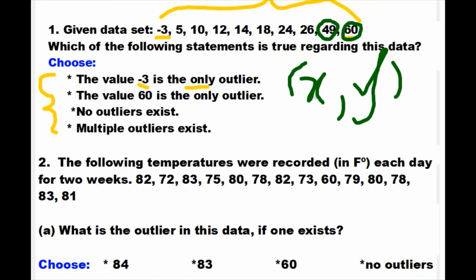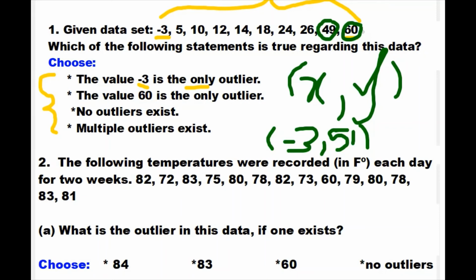This formula would allow us to get, for example, a coordinate like -3 and maybe 51, and any numbers that are outside of this are therefore outliers. So if a number is less than -3, it's an outlier, or if a number is greater than 51, it's an outlier.